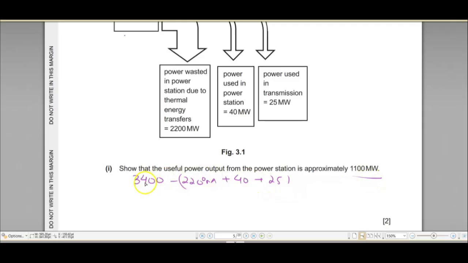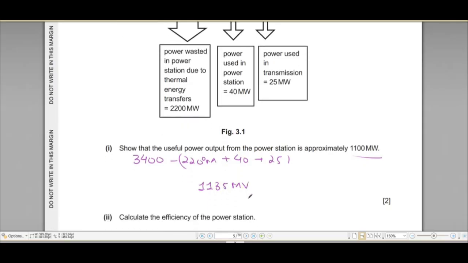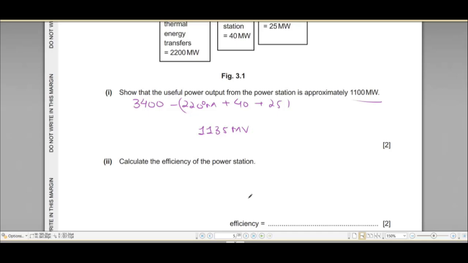So when we subtract all of this from 3400, we get an answer of 1135 megawatts. So it is almost equal to 1140 megawatts. Okay, if it is rounded off, it is almost similar to 1100.